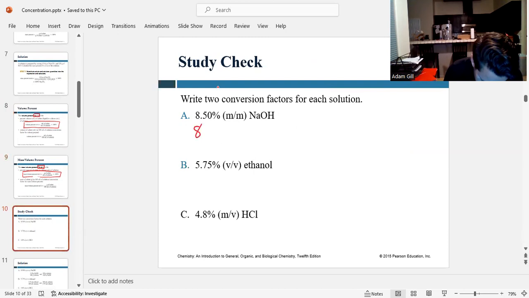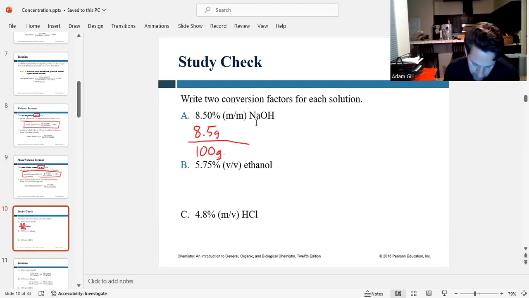So this is going to be 8.5 per 100. The M stands for mass, and the unit of mass is grams. So we know we're talking about grams over grams. And this is going to be grams of NaOH per 100 grams of solution.